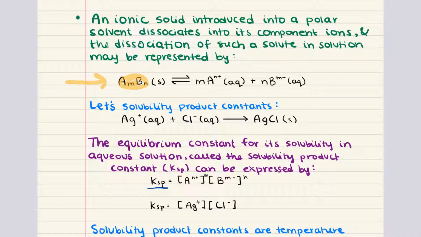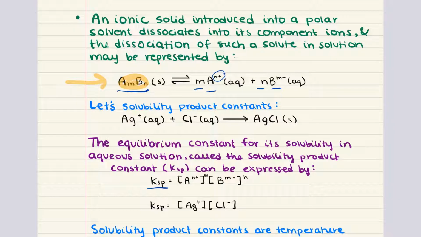So when AmBn dissolves in water, it dissociates into its constituent ions. So the compound AmBn breaks apart into m cations A with a charge of n plus, and n ions of anion B with a charge of m minus.